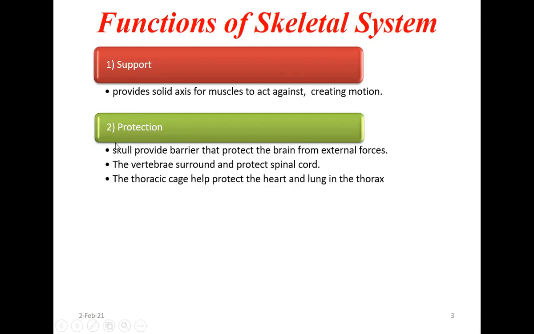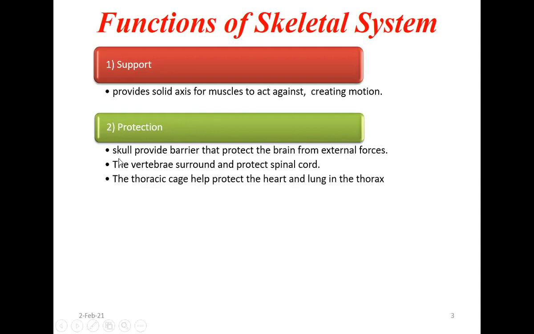It is made up of many bones, almost 22 bones. All these bones together form a protective covering around the brain, a barrier that protects the very sensitive structure called the brain from external forces, external injuries. That is the function of the skull.